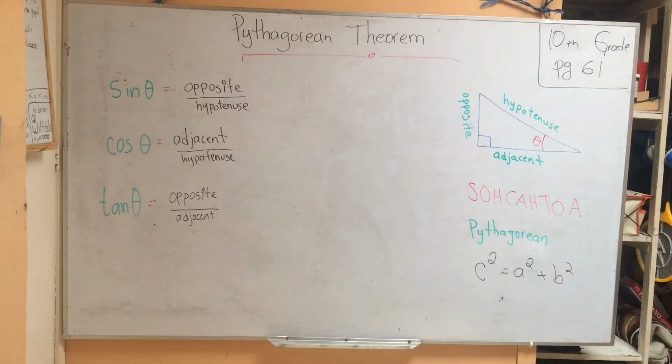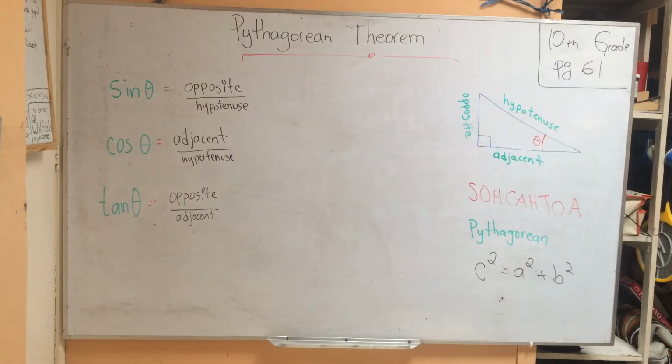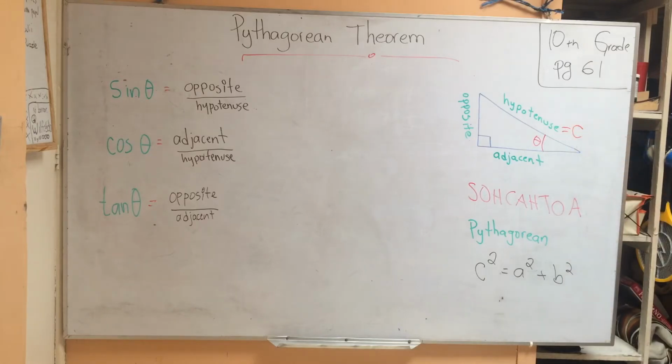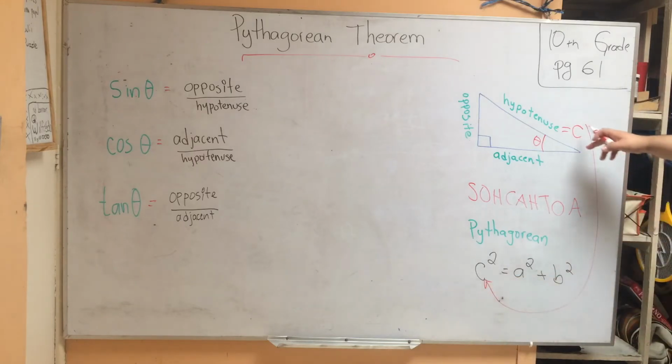Here we were only talking about adjacent, hypotenuse, and opposite. The hypotenuse is C, so this one comes here. Whatever measurement we have here is this one.